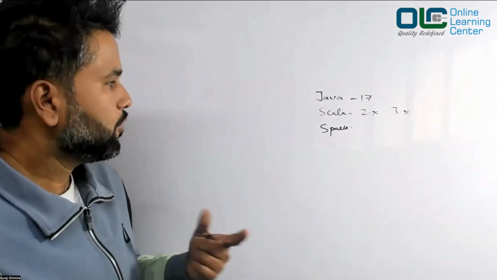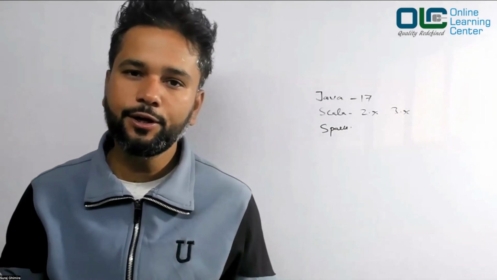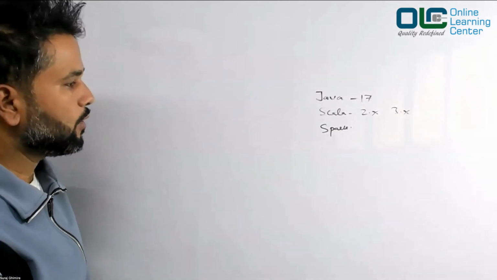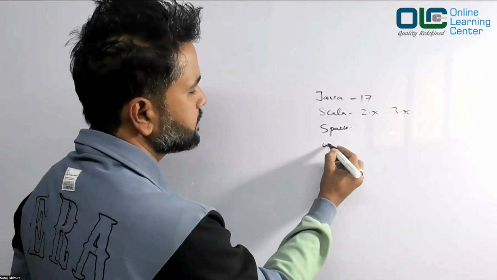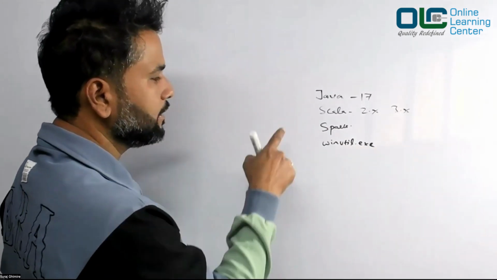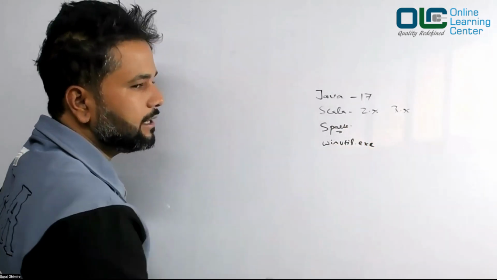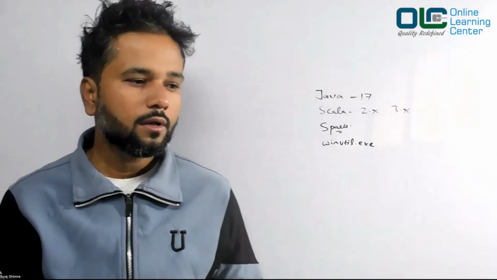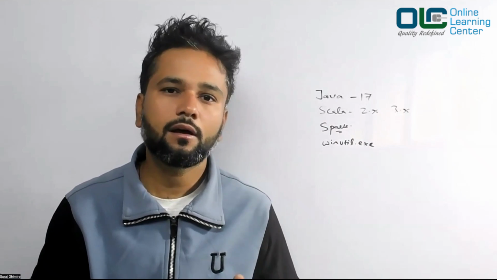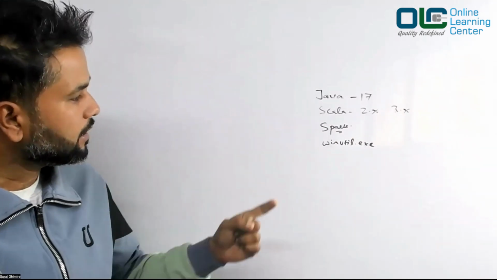If you want to work on Spark with Windows, you'll have to configure one more thing. We call it WinUtils. Why? Because Spark internally needs Hadoop. Now you can still run Spark without Hadoop, but for that you have to configure a small utility.